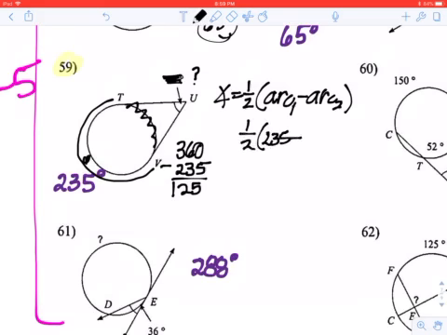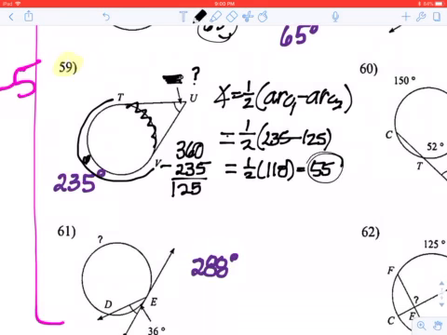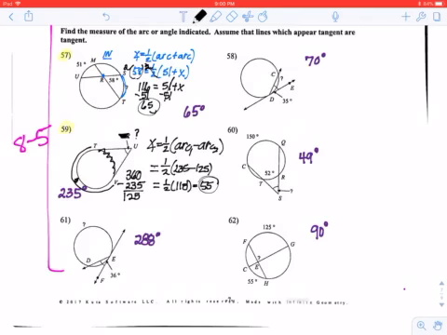So 1/2 of 235 minus 125. Solve for that, and you get 55. So that's 110. Yeah, 1/2 of 110 is 55. So that would be how I would ask that question on the test. I'm just saying.